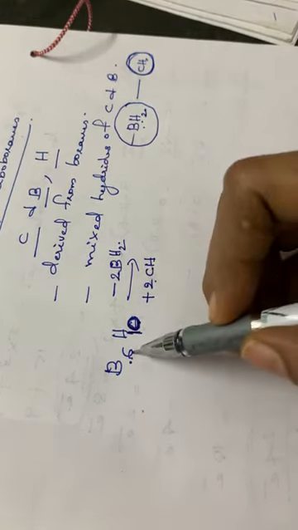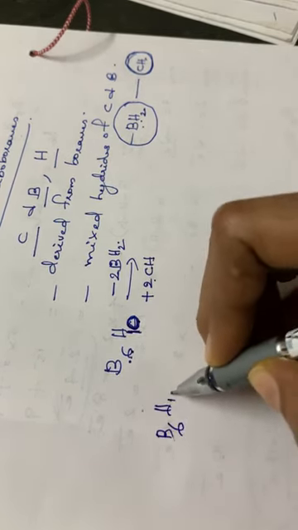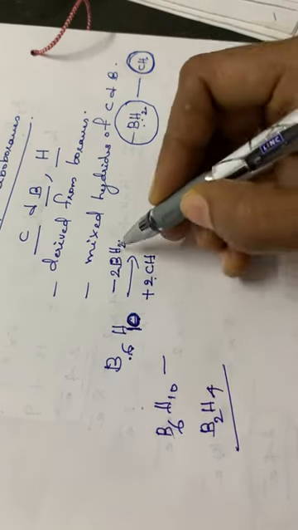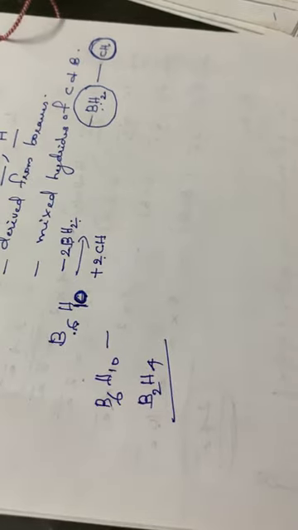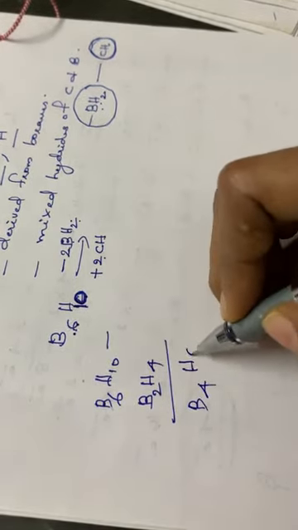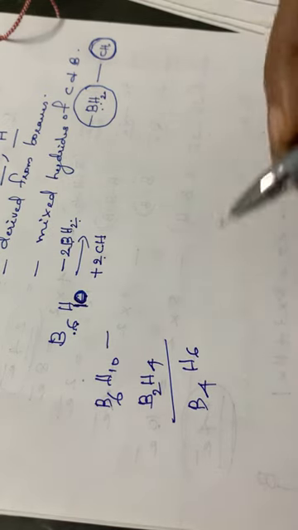So from this B6H10, you have to subtract B2H4, that is 2 BH2 units. While subtracting this, it will be B4, and the remaining will be H6, that is B4H6.